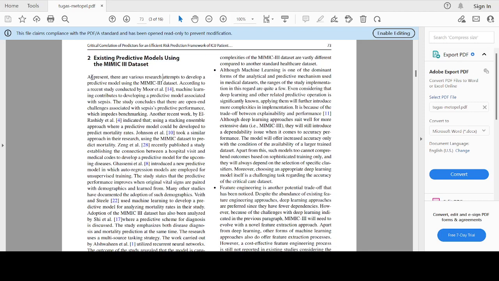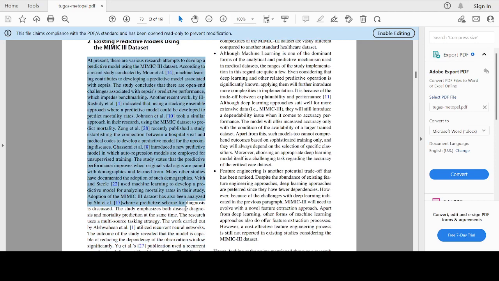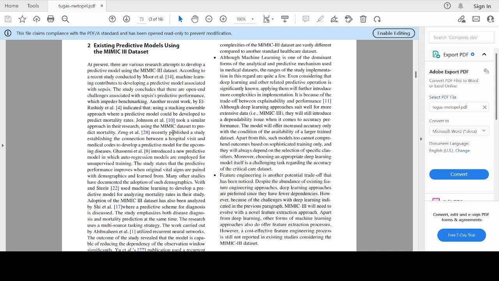Okay, at present, there are various research attempts to develop a predictive model using the MIMIC dataset. According to a recent study conducted by Moore et al. Okay, so basically this is the literature review of previous research that mainly used the MIMIC dataset. This is the author.